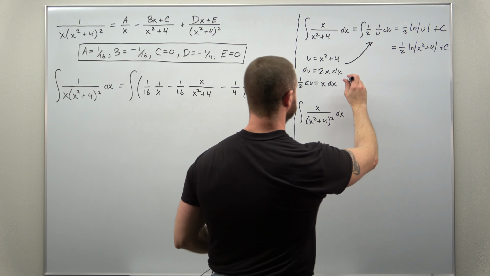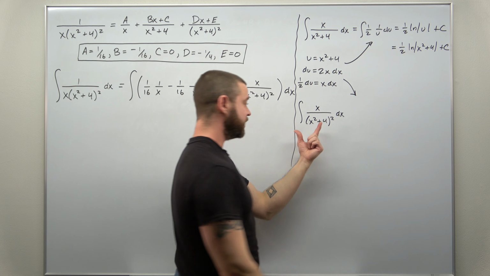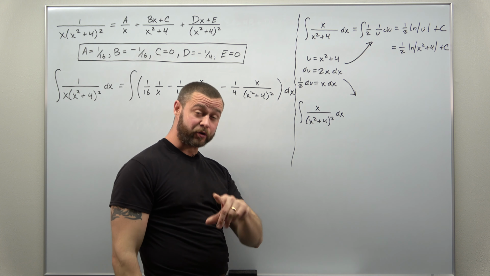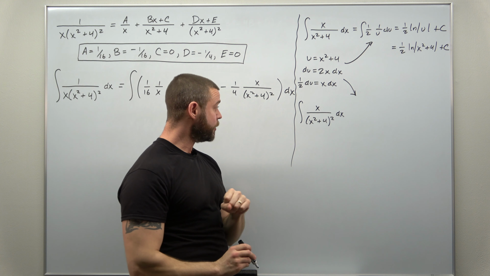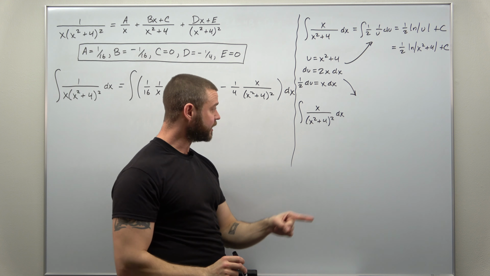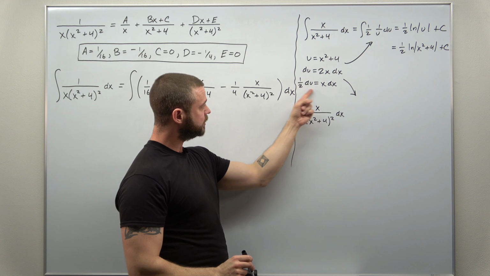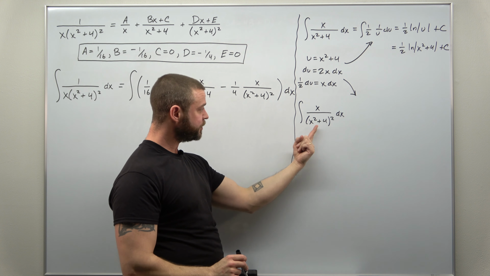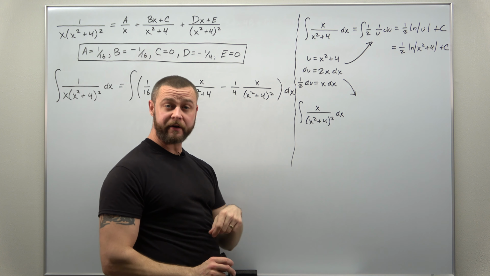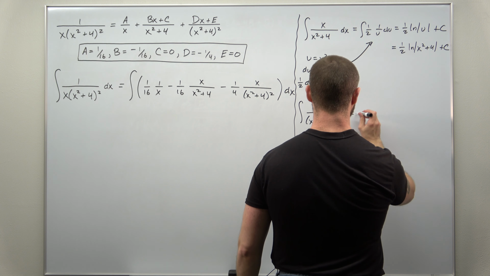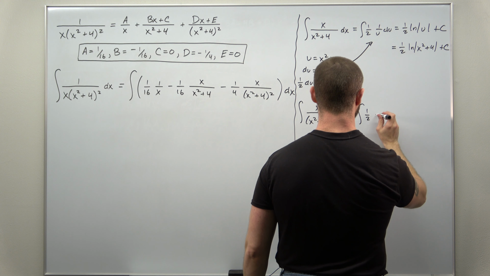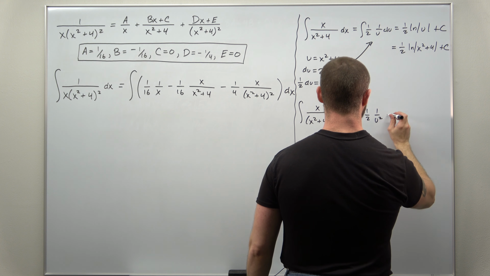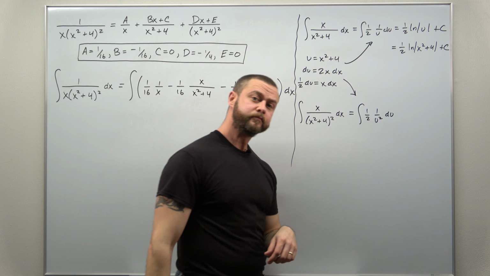And let's go ahead and use this substitution, our work, to convert this x integral into a simpler u integral. It's virtually identical. X dx, we're going to replace with 1/2 du, but we get u squared in that denominator. So 1/2, 1 over u squared du.